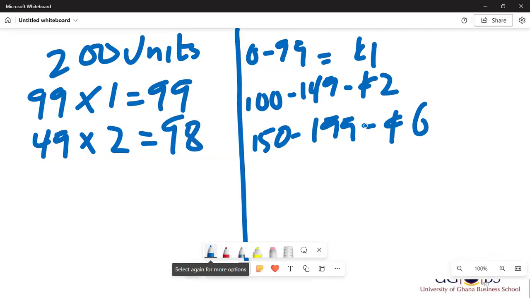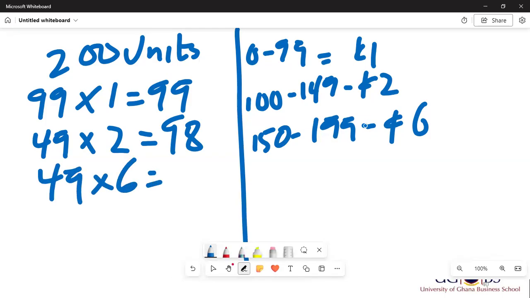Then the remaining one, from 150 to 199, is another 49, which we multiply by 6. So let's assume 99 plus 49 is 148, and the rest that will be left is 52.